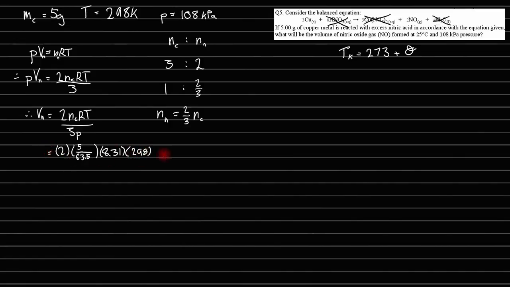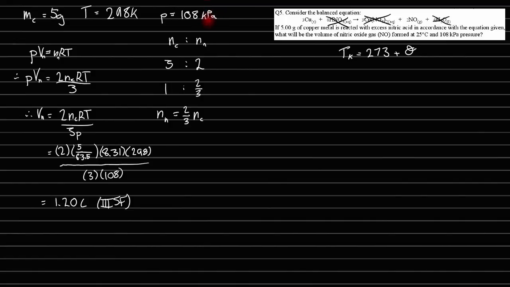And all of that would be divided by 3P. And P, the pressure, 3 times 108. And if you were to do that on a calculator, you'd get a value of 1.20 litres, and that's been quoted to 3 significant figures.